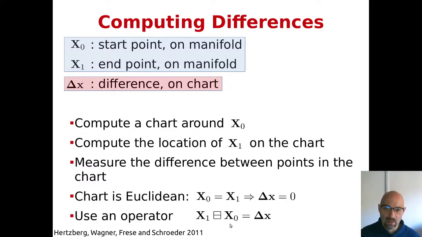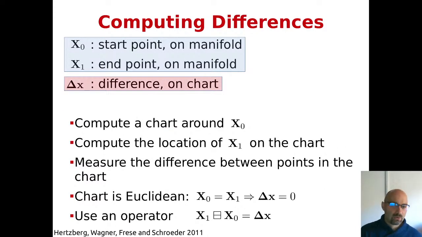This means go to x0, construct a chart, localize x1 on the chart constructed in x0, and then take x1 and see how far is x1 from the origin of the chart. And this element returns you delta x. Okay?